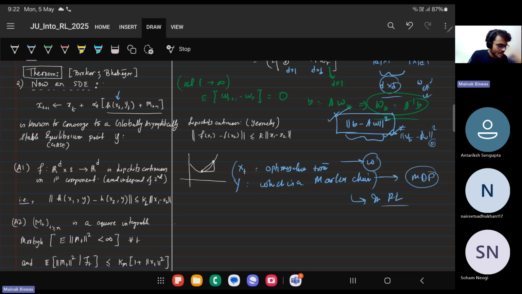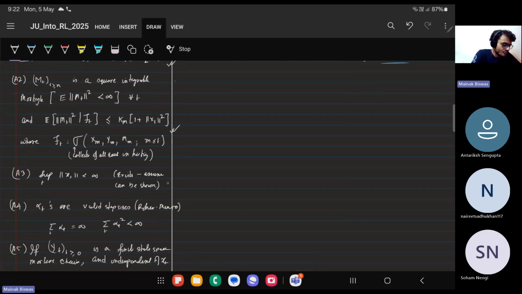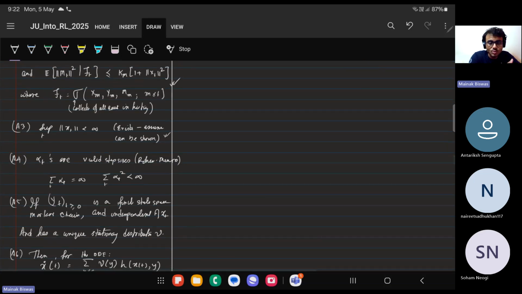So of this form, there is a martingale sequence that I have, M_{t+1}. I'll define what this martingale sequence is. Then, if this function is Lipschitz continuous, we'll see each of these terms in great detail, and if the martingales are square integrable, and if the x_t's are bounded, which we will assume, this can also be proved, but we'll not prove it.